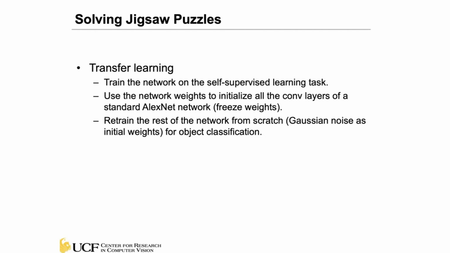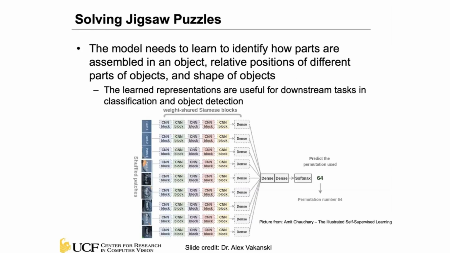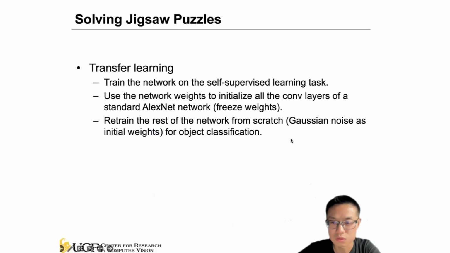Maybe your task doesn't have 64 classes; in this task you have 64 classes, but in your downstream task maybe you only have 10 classes. For example, you're doing CIFAR10 classification. You definitely have to retrain the classifier layer in order to perform the downstream classification. But you can freeze the conv layer, which, through the self-supervised learning, has already learned some meaningful representation.